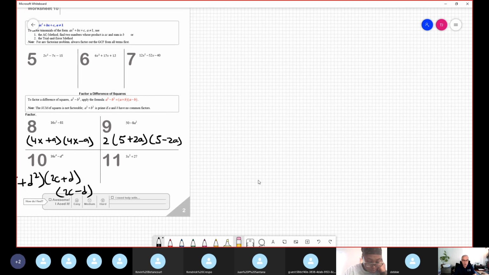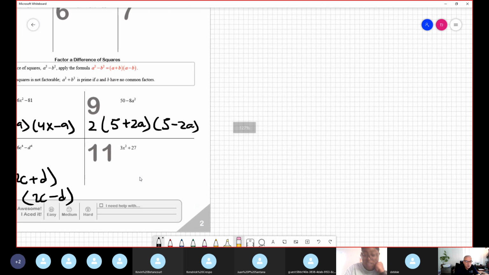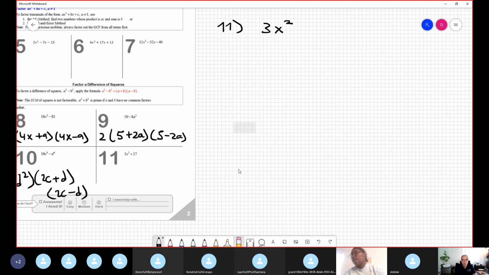Okay, number 11 is easy. Wow, 11 is the sum of cubes. Look at that. It's x squared, no? It's a square. Sorry, no, it's a square. Plus 27.